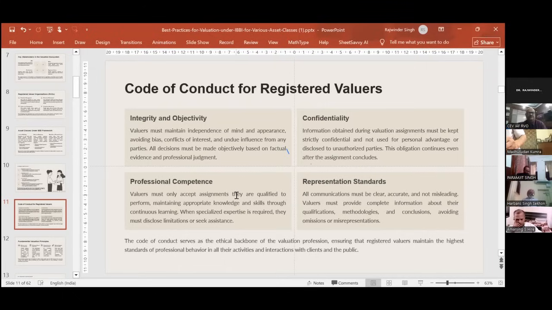And the third thing is, as a registered valuer, you have professional competence. So a valuer must only accept the assignments they are qualified to perform. If you are a registered valuer under land and building, you must not accept an assignment of plant and machinery valuation.